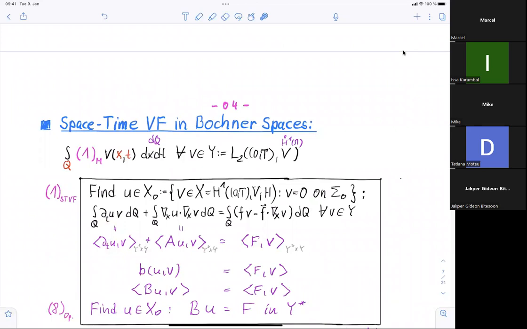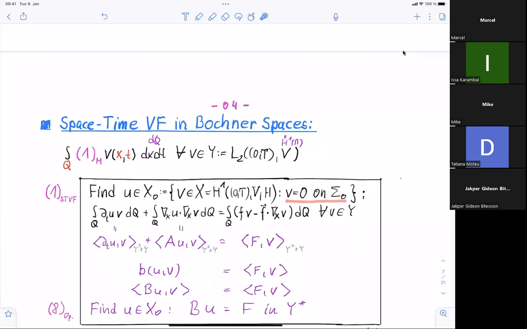But now I have the following spaces. The space X0 is H10 in the time-variable, the same space as before, but I incorporate the initial condition in the space.